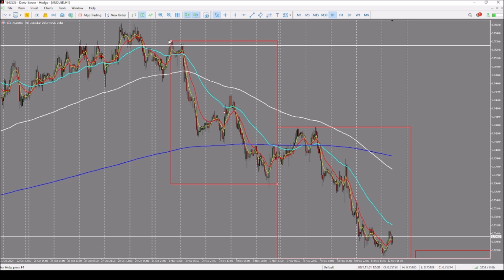So if we are to look at this first H4 level that actually initiated at this point, we can see that there was a 13-50 EMA crossover, a 50-200 EMA crossover at level 2, and a price bounce on the 50 at level 3. Therefore, this was now a reset.